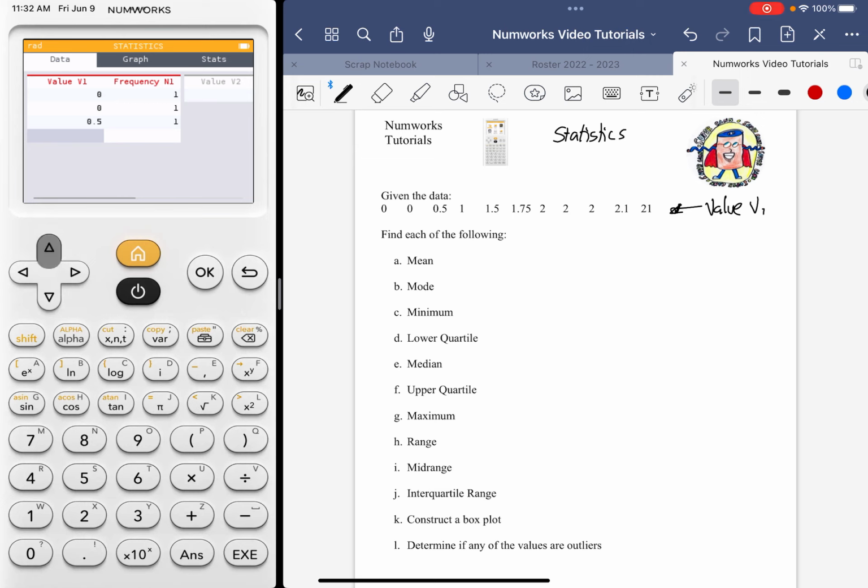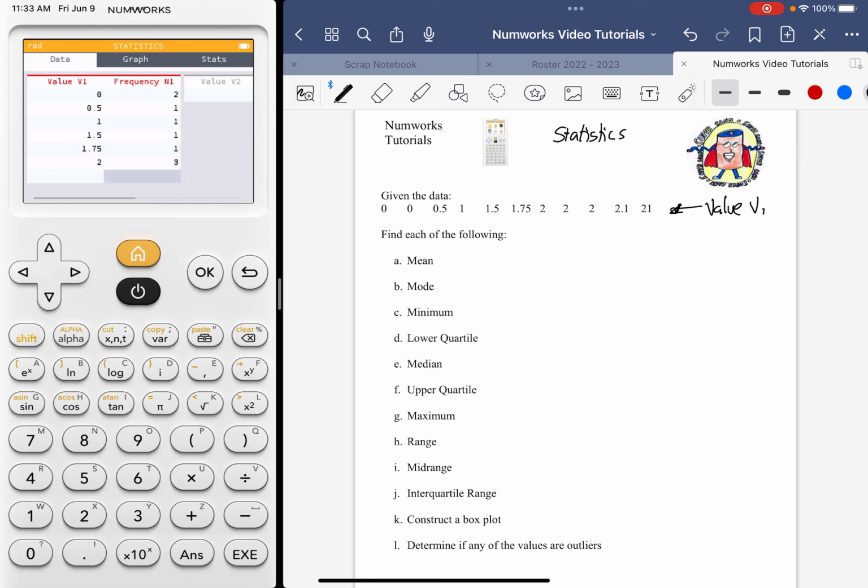Yeah, I have a 0, but I also have another 0 in there, so let me make that a frequency of 2. I only got 1.0, not 0.05, 0.5. I only have 1, 1. The data is in increasing order, so it's pretty easy to see. Only 1, 1.5, 1.75. But I have 3 2s.